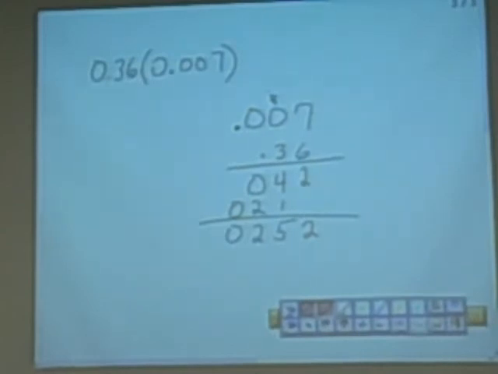And now we're having to move that decimal point 1, 2, 3, 4, 5 places. You have to get the sum. Well, it's maybe not one of the best words to use in this case because we're multiplying. You get all the decimal places from both numbers. So that's a total of 5 decimal places.